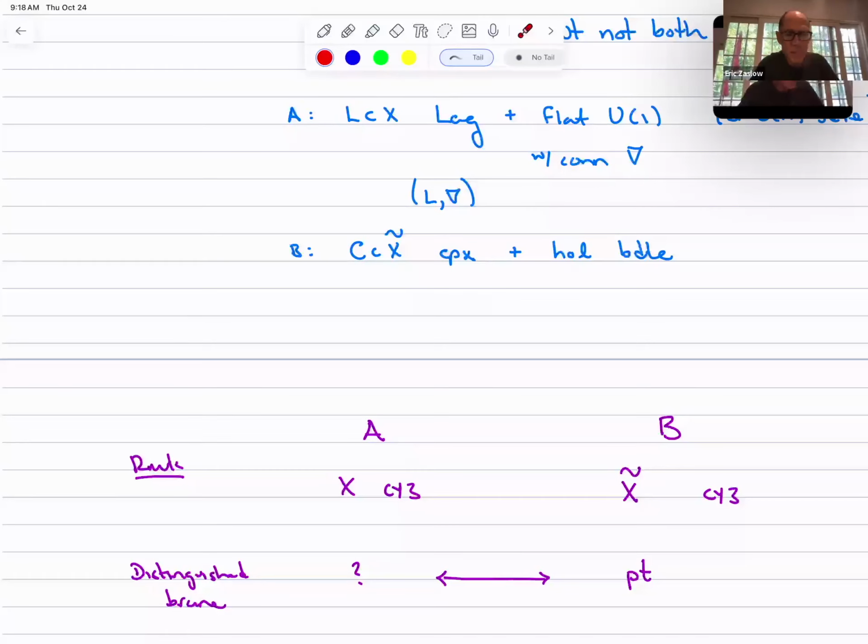Then there was this thing swept under the rug, namely what are the possible boundary conditions? Well, there are two types of boundary conditions that can preserve the supersymmetry, and they're exchanged under the mirror. One type focuses on complex manifolds, and the other one focuses on the symplectic structure, and the boundary conditions are half-dimensional submanifolds.